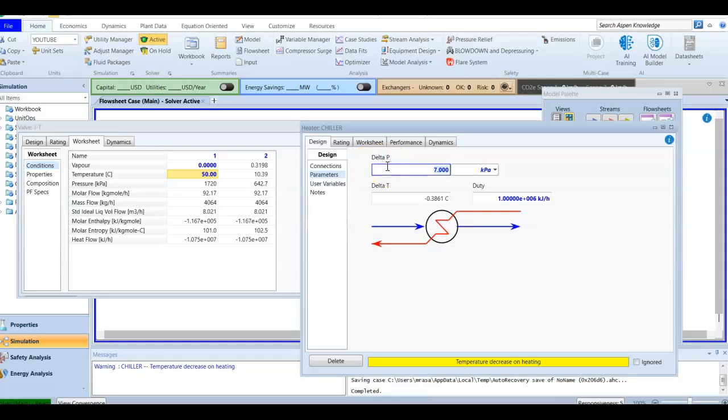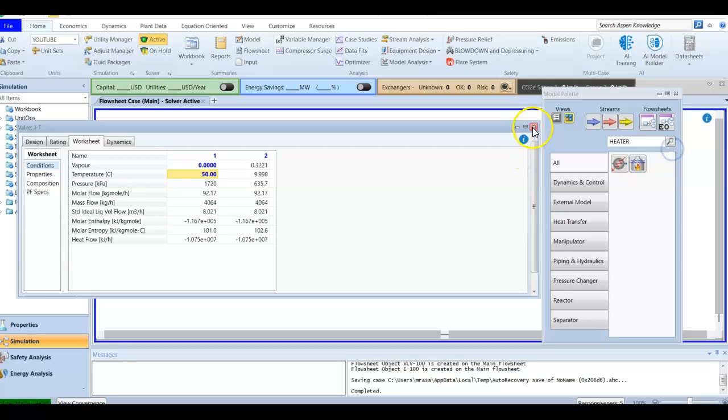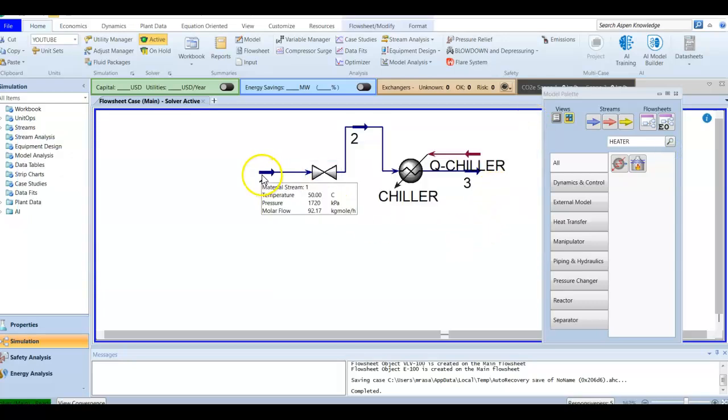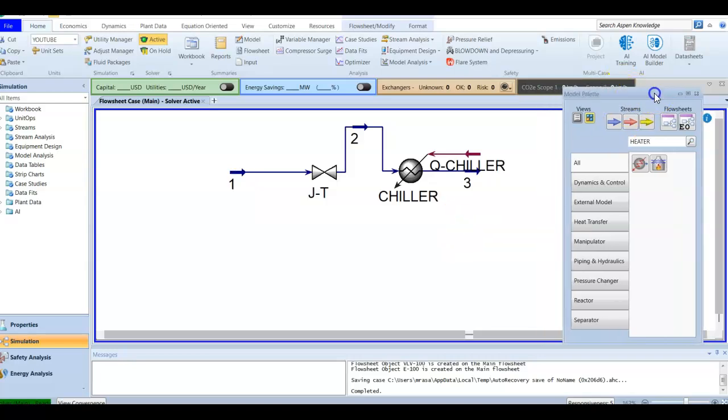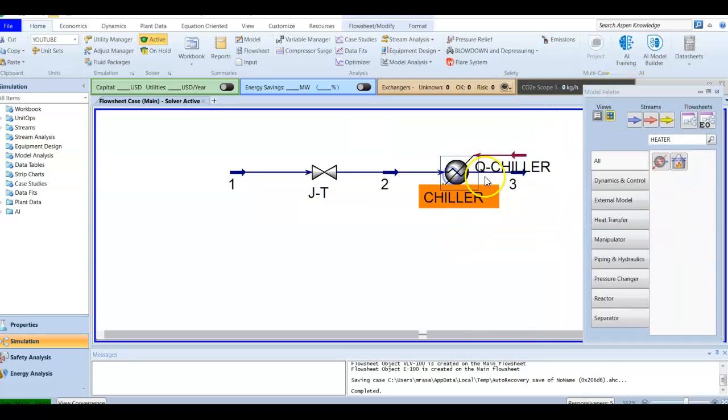So instead of having 7 kilopascal, I'm going to mention that I don't have any pressure drop during this performance of the heater, so it will end up having a solved heater. So if we go back over here, we'll find out that our valve is solved and also our chiller is solved. Okay, so if you have any problem with the outlet temperature, like your chiller is cooling instead of heating, this means you need to check your delta P.